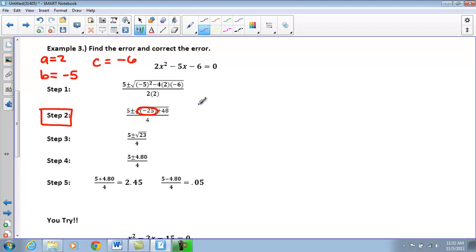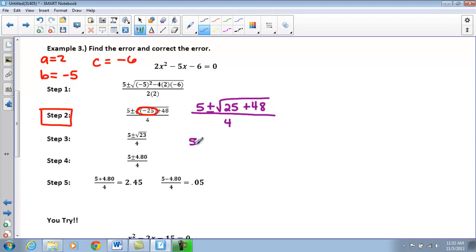So if I simplify here, I'm going to have 5 plus or minus the square root of negative 5 squared, which should be a positive 25, plus 48, divided by 4. Now, 25 plus 48 is going to give me a 73.